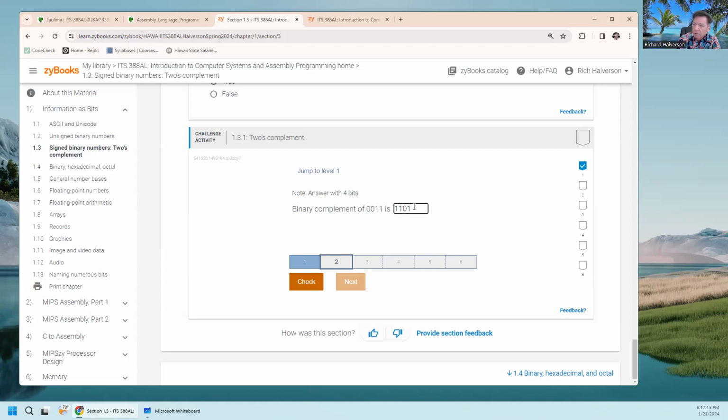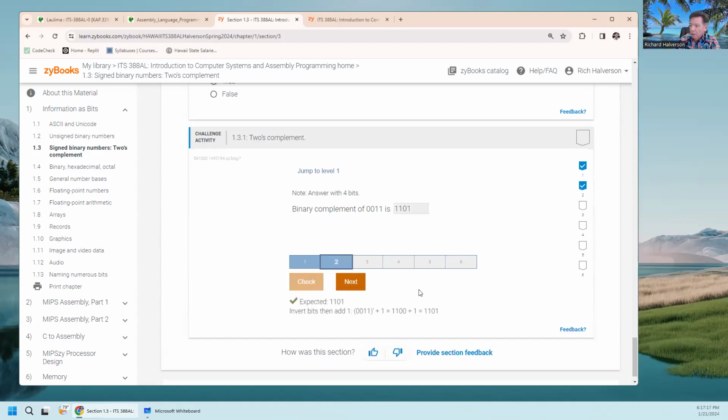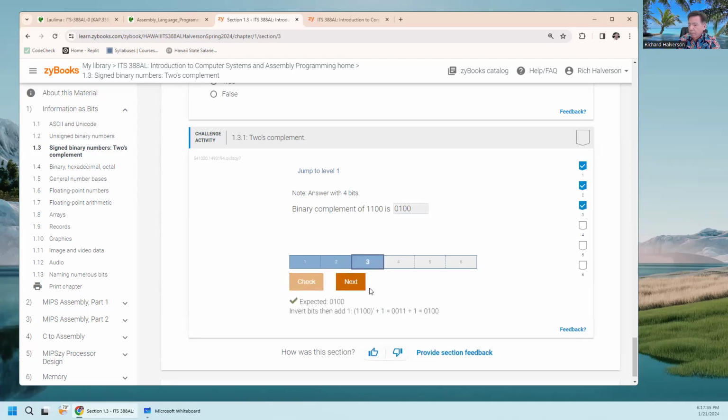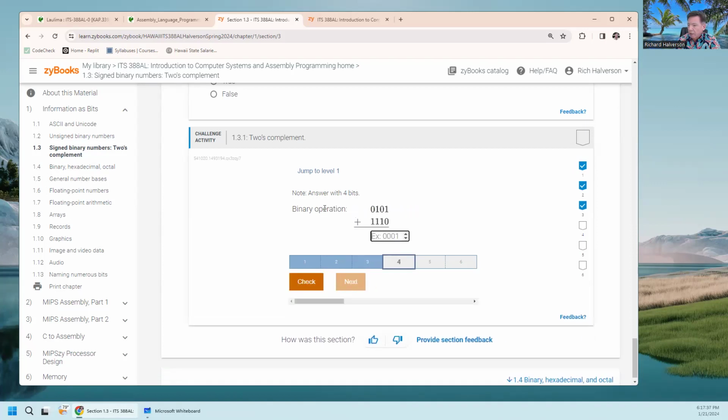So just that. And the binary complement of 1100 is 0011 plus 1, which is going to be 0100. And the binary operator, what's the answer?